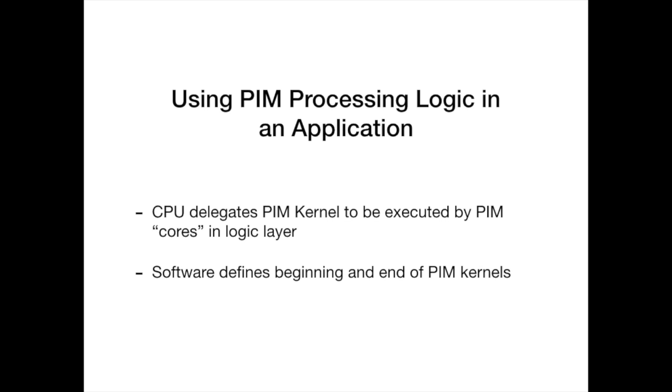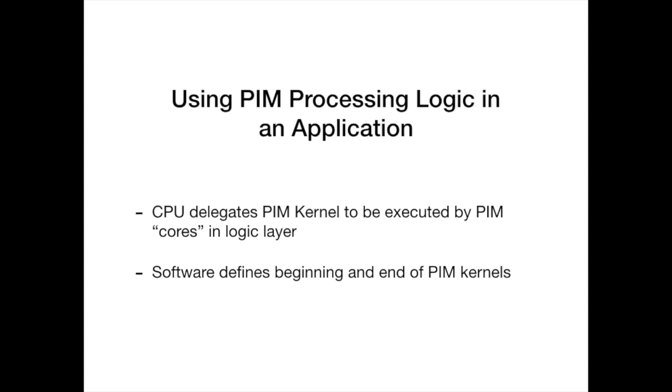While there is currently no one standard interface between the PIM logic and the CPU, the basic idea is that the CPU delegates certain commands to be run in the DRAM logic, like a coprocessor. And these little blocks of code are called PIM kernels.